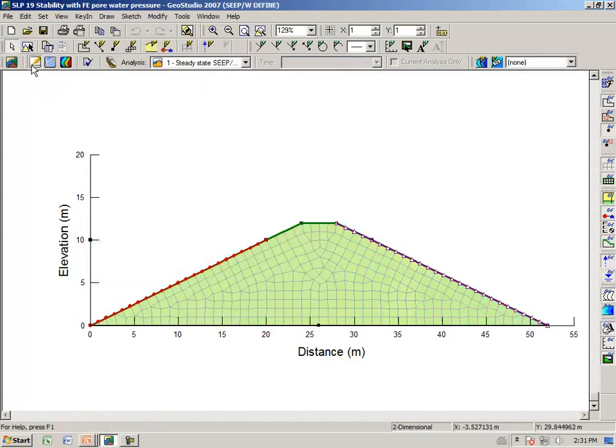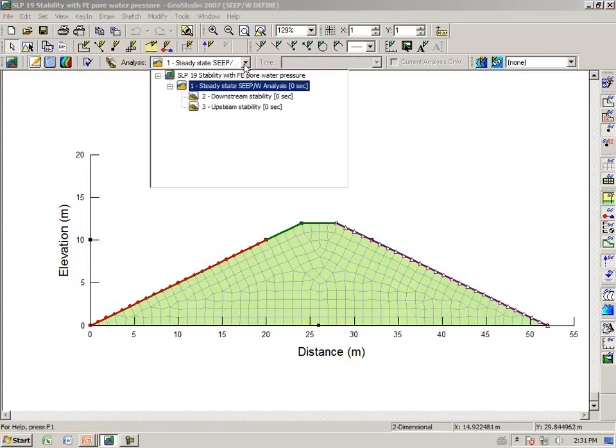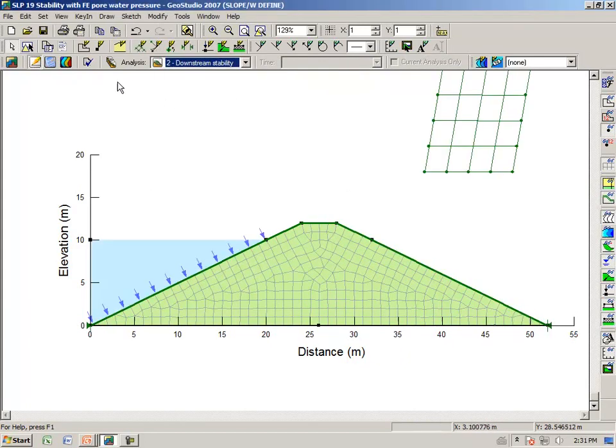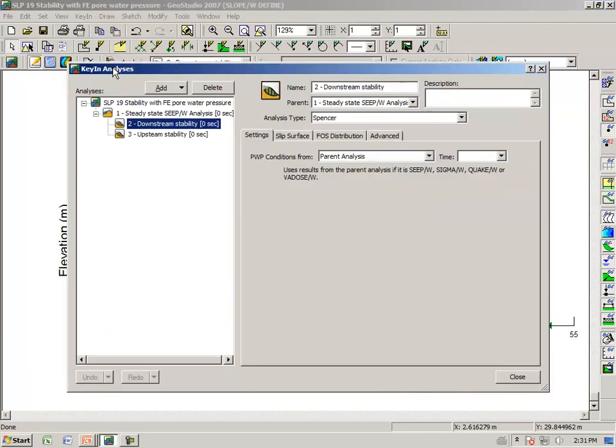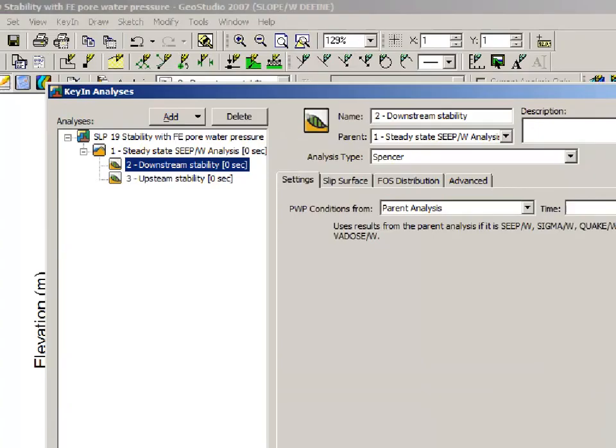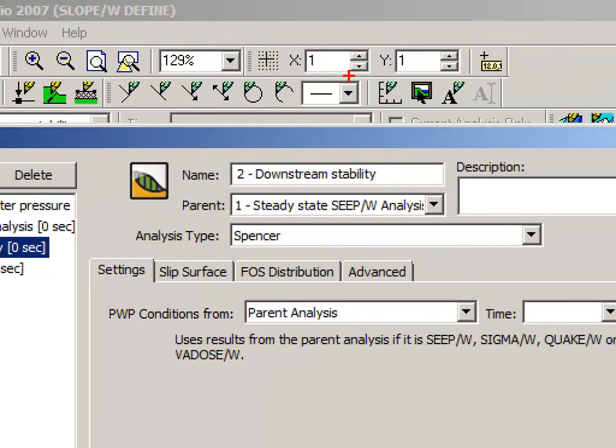Then going back to the define view, we look at the downstream stability first, and under the analysis tree we say, where am I getting my pore pressures from? The pore pressures are coming from my parent analysis. Who is my parent?